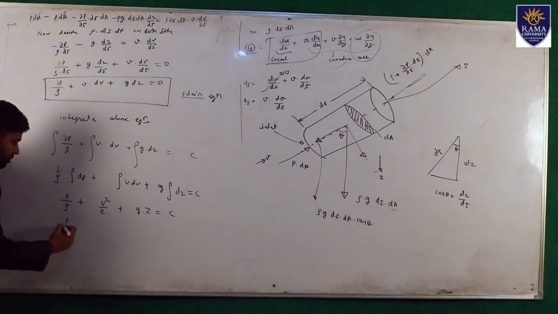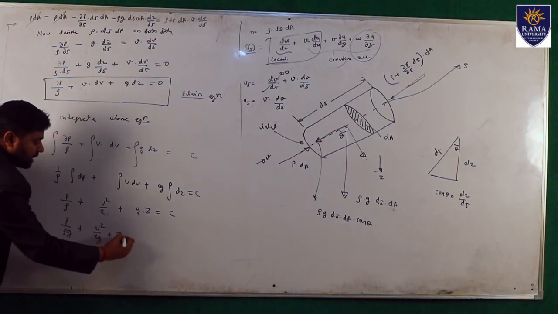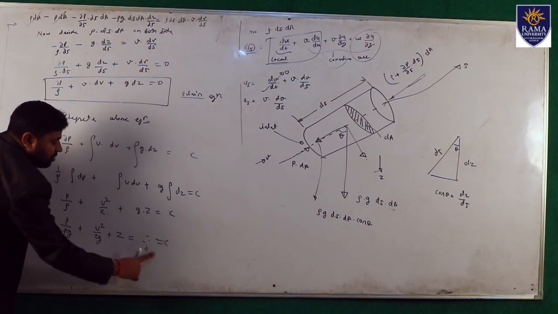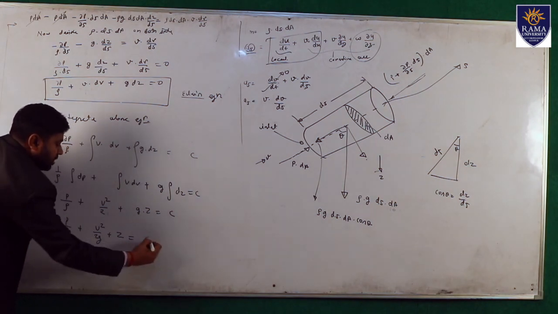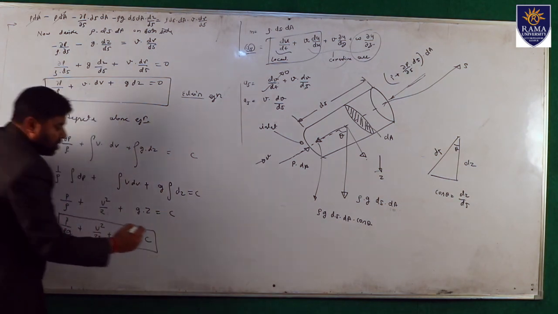So that will become P upon rho g plus V square upon 2g plus Z equals to C upon g, which will become another C. So we can take this as C. Okay, so this is the well known Bernoulli equation.